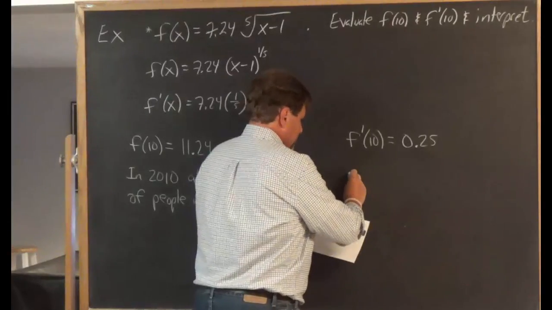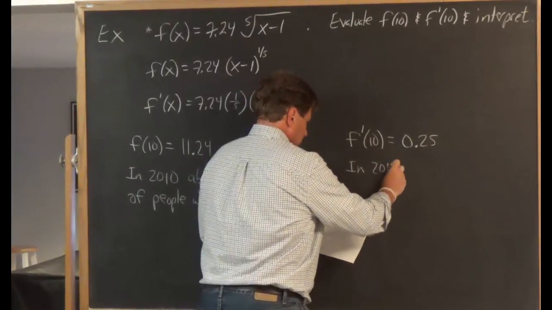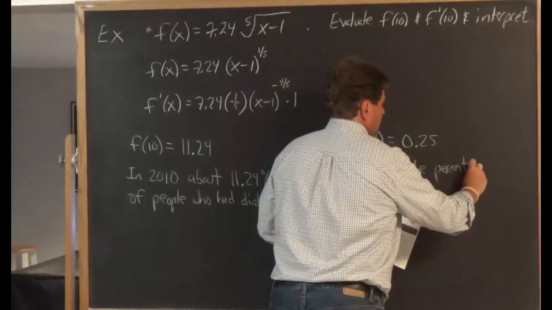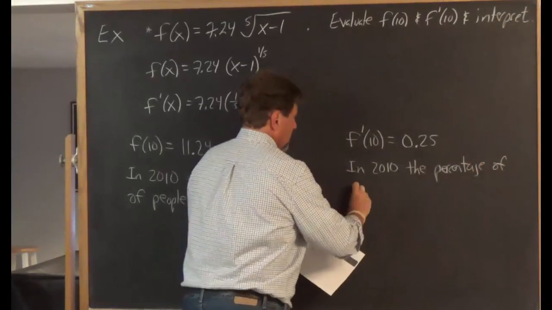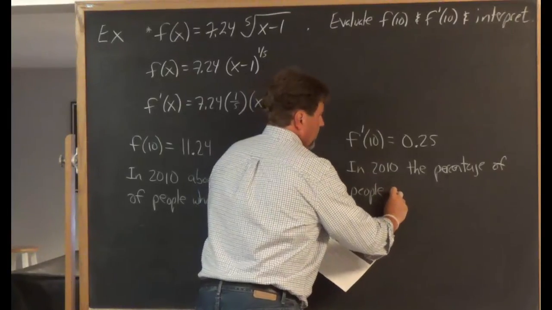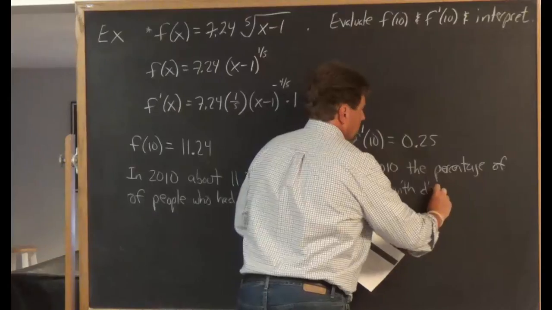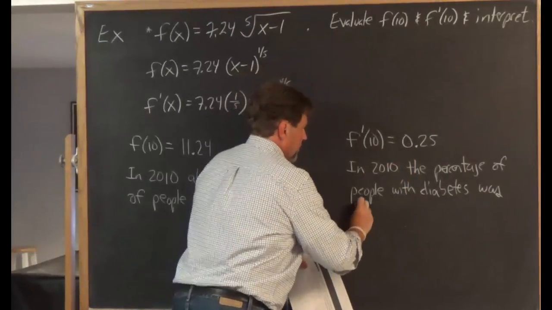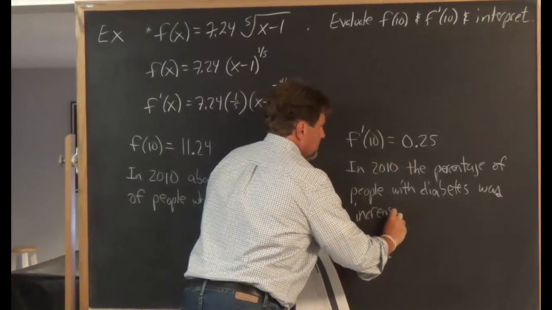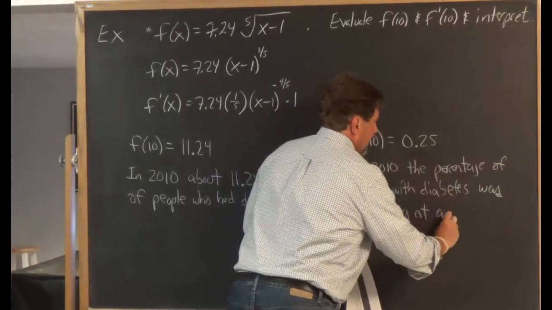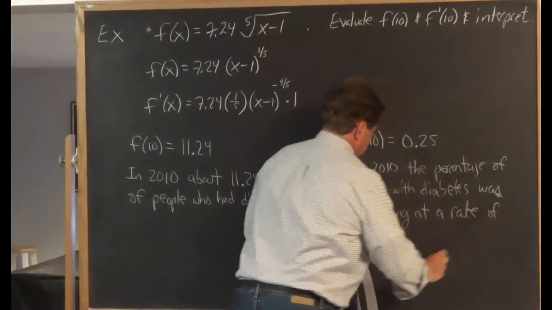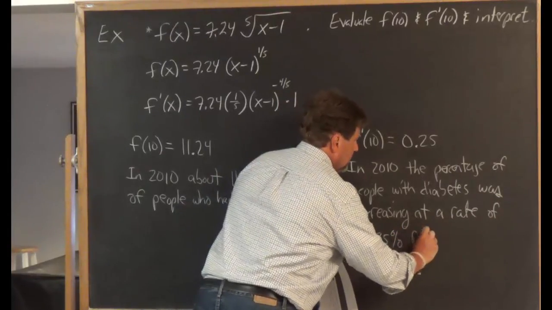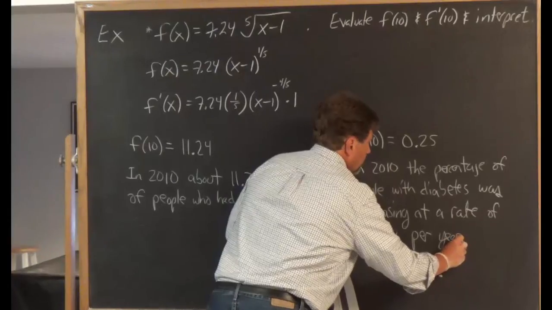So this means that in 2010, the percentage of people with diabetes was positive number, so increasing at a rate of 0.25% per year.